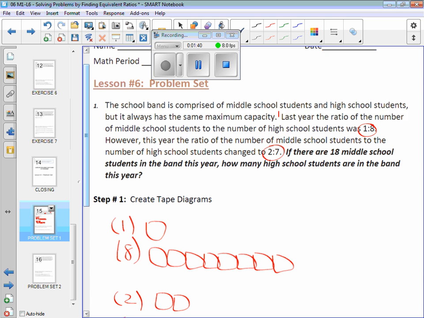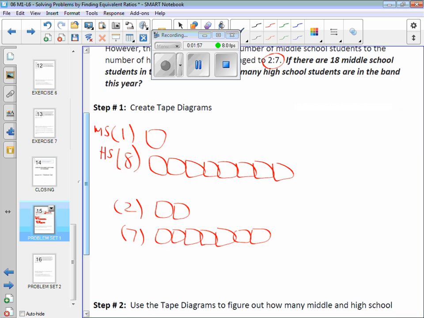It says, starting here, last year, the ratio of the number of middle school students to high school students. The order matters. I got to make sure my first set is middle school, second is high school. Once you get it, it's good for this as well, because those 2 groups do not change in either set. It's still middle school to high school.